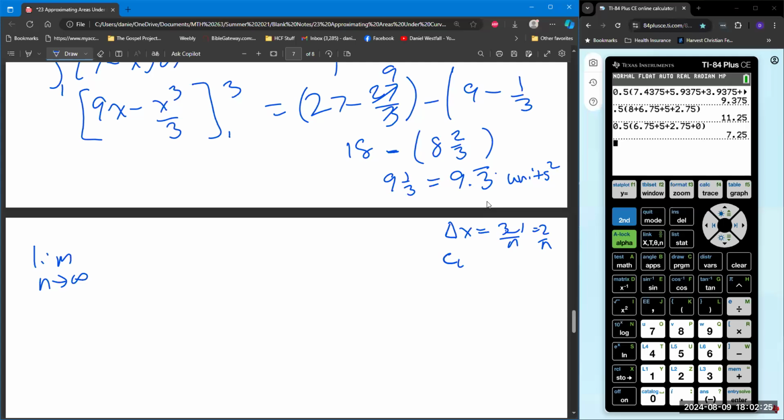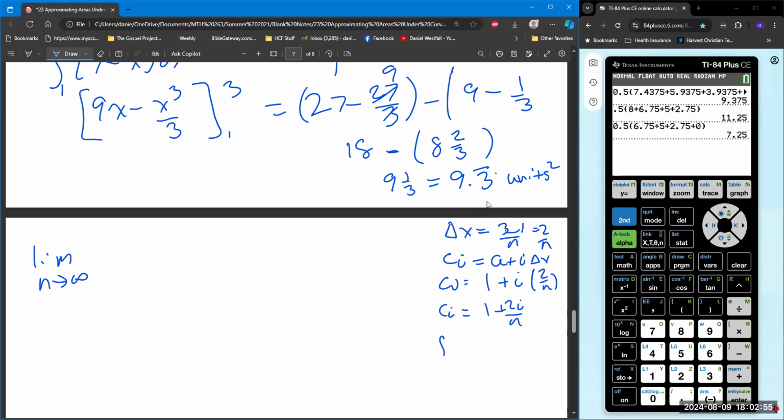I'm going to choose a representative x value that I'm going to call ci, which is going to be a plus i delta x. So ci is going to be, my a was 1, plus index i, and this is 2 over n. ci is equal to 1 plus 2i over n.